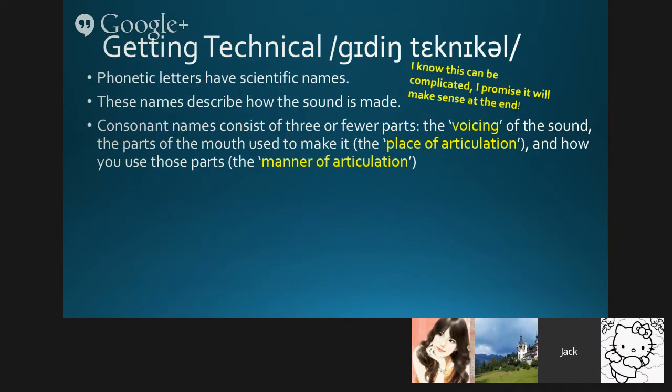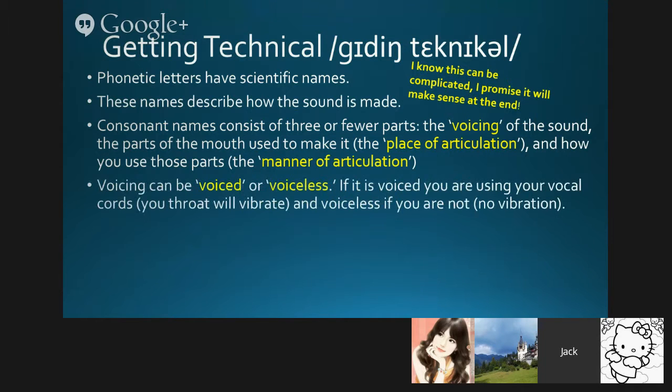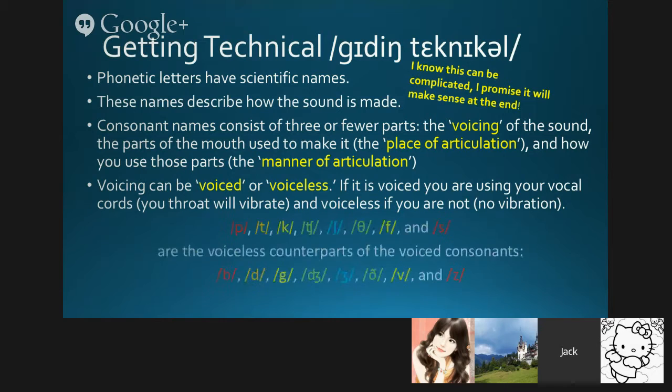So first we'll talk about voicing. Voicing can be voiced or voiceless. If it's voiced, you use your vocal cords. Your throat will vibrate when you say this. And voiceless if you're not. Some examples of pairs in English are these consonants. P is voiceless, but B is voiced.